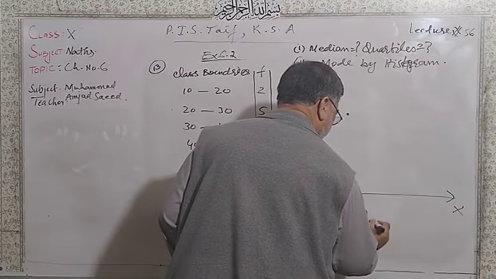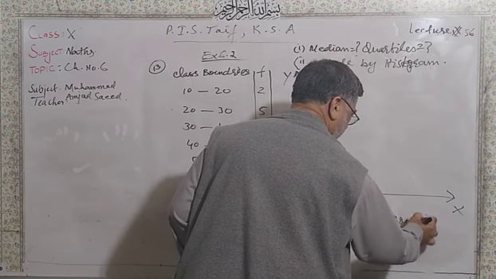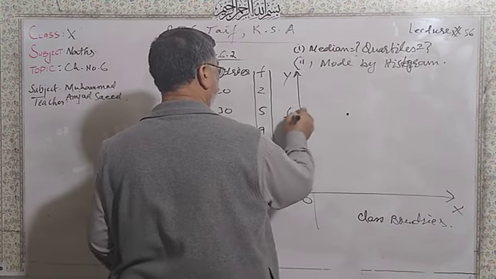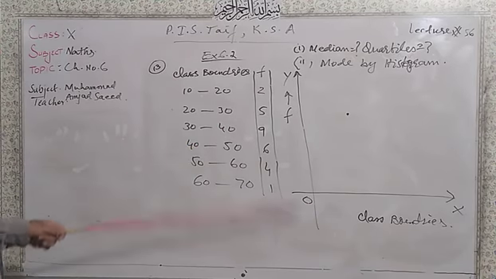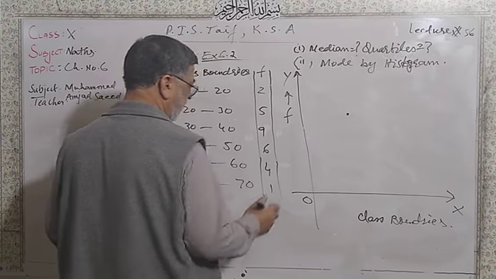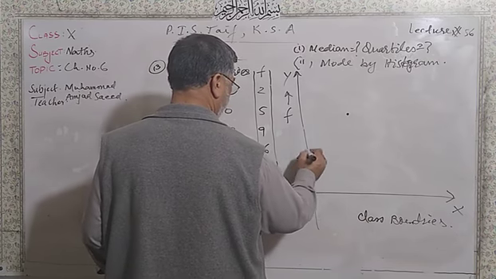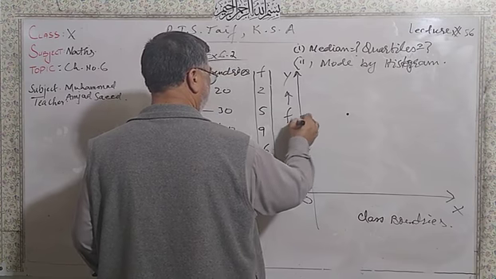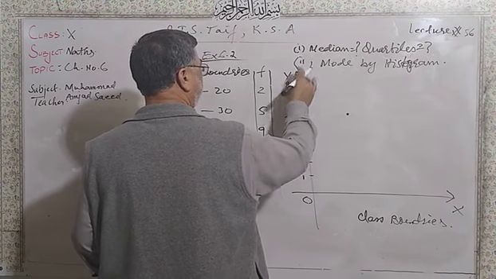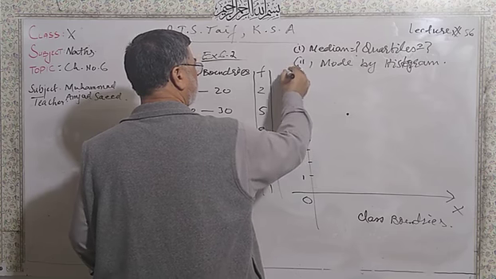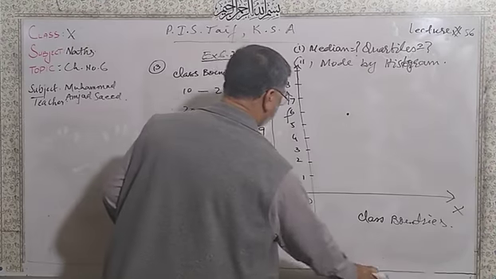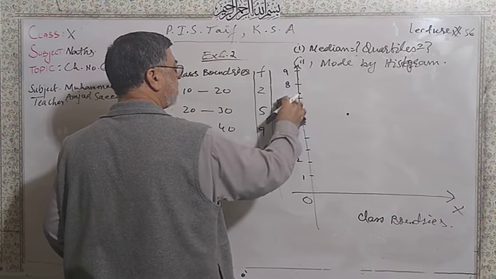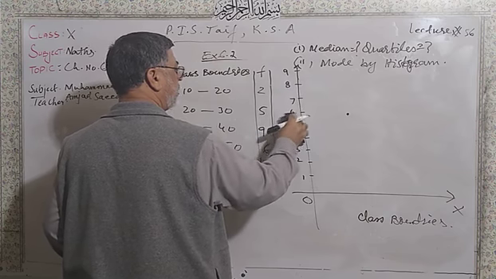On the x-axis we will draw class boundaries and here frequencies. We will have 1, 2, 3, 4, 5, 6, 7, 8 and 9. In frequencies, one big box is equal to 1.